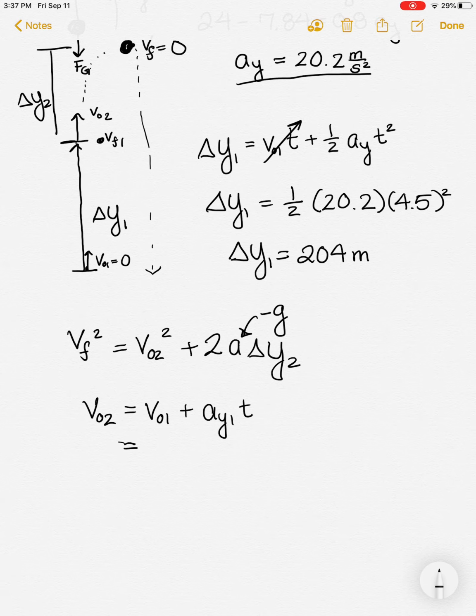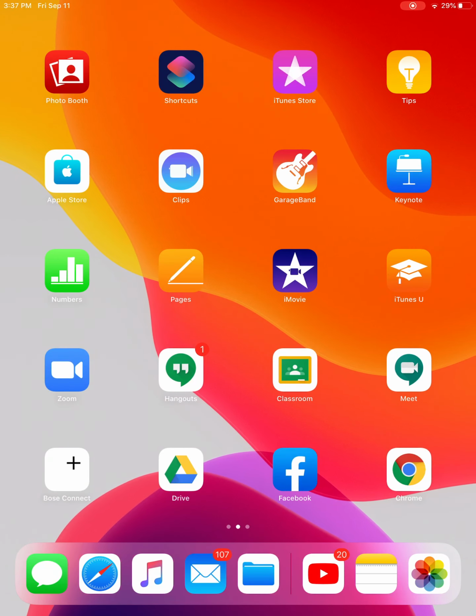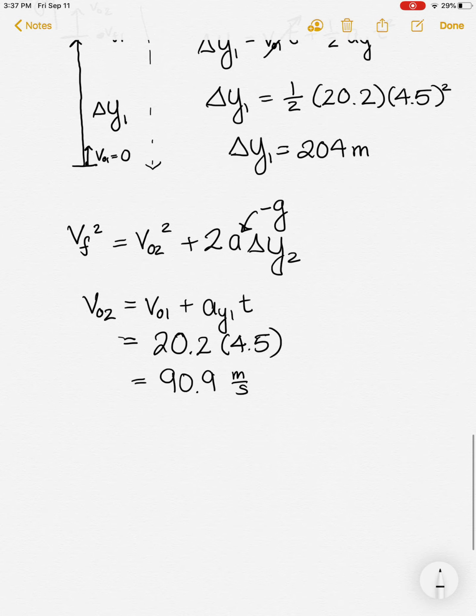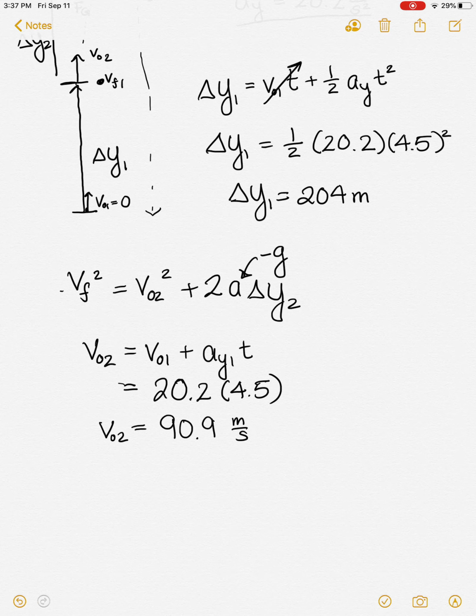And then we can say that our initial velocity of our second leg is going to be equal to 20.2 times 4.5 seconds, which is going to be equal to 90.9 meters per second. And then we can say that this is going to be our initial velocity of the second leg.